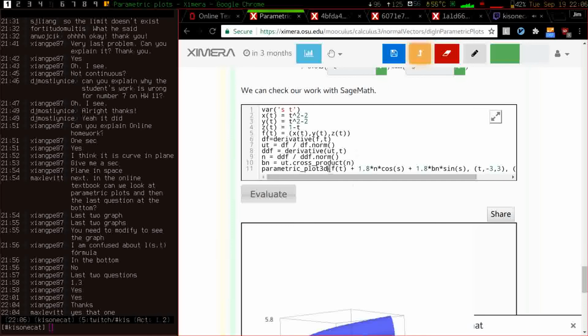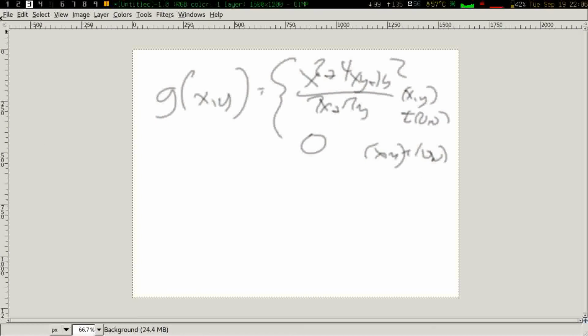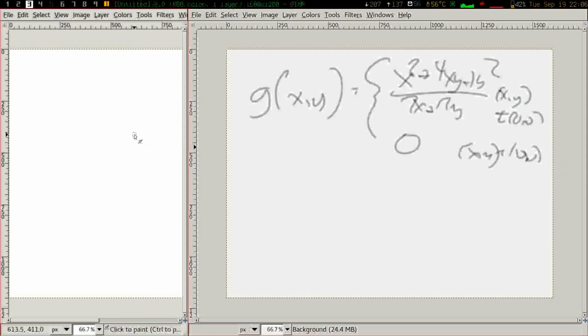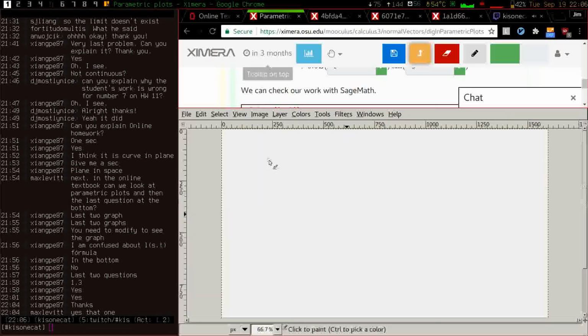That's f of t, and then I'm adding to it something in the normal direction, so n times 1.8 times cosine s, and then something in the binormal direction, bn times 1.8 sine of s. And maybe I draw a picture here just to give you a sense of how this is working.